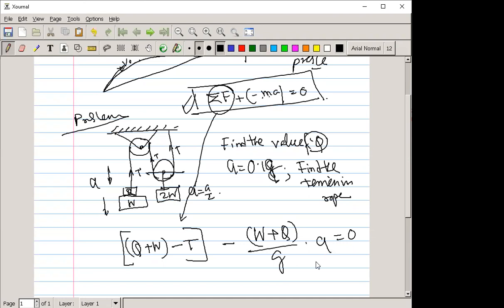Understand how we write the equation for any practical example or problem using D'Alembert's principle.